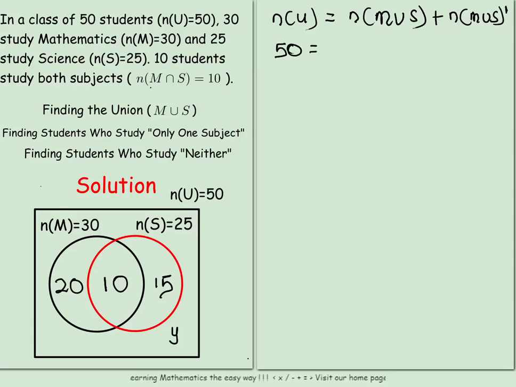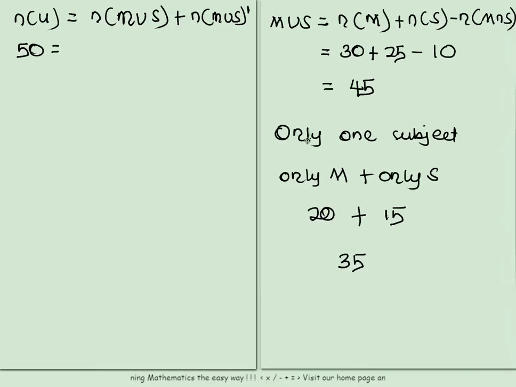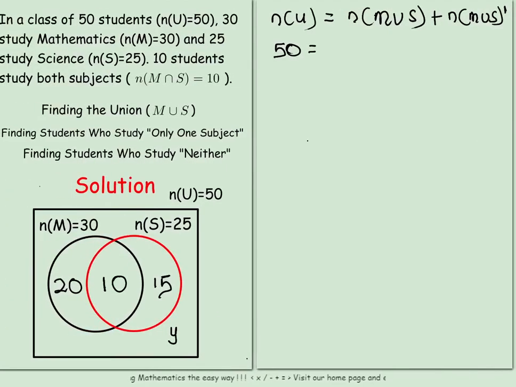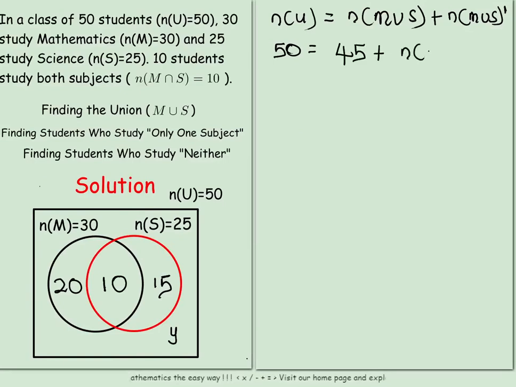Did we solve M union S? That was the first one we solved over here, and we had 45. So we come back here and we are using that 45. So it's equal to 45 plus your complement, M union S prime. So it's now all about making your complement the subject. And how do we do that?